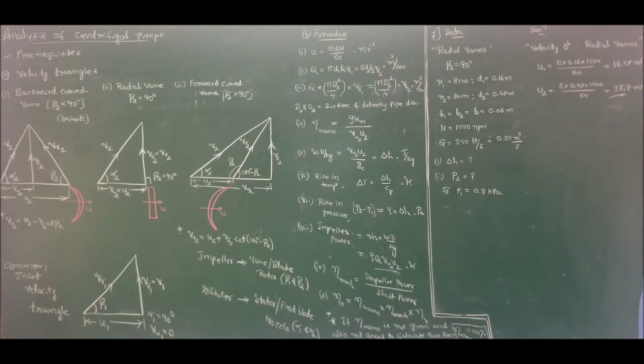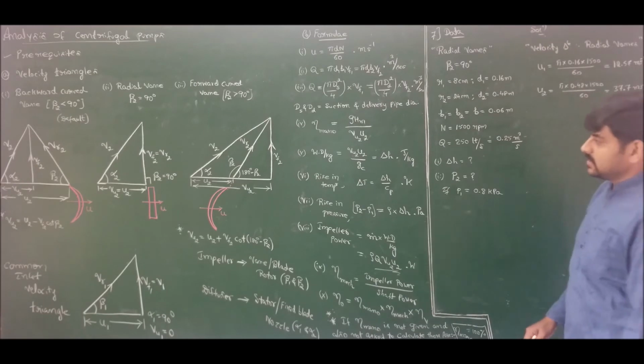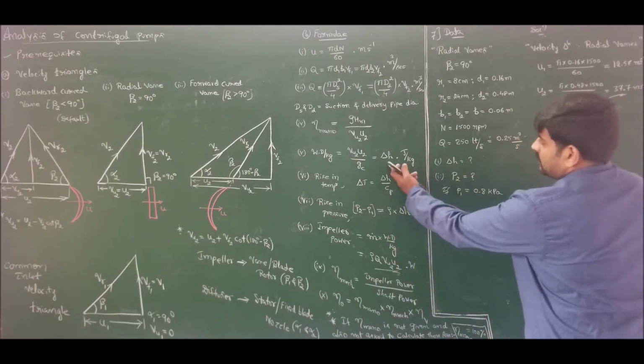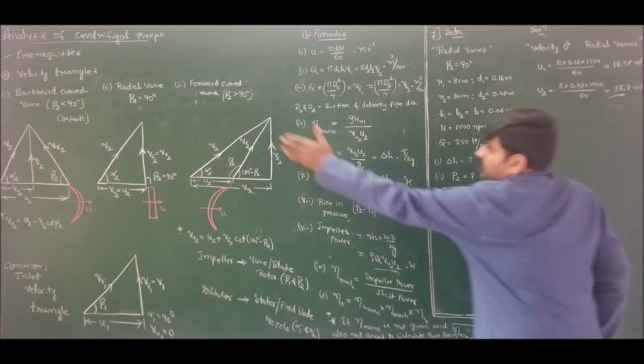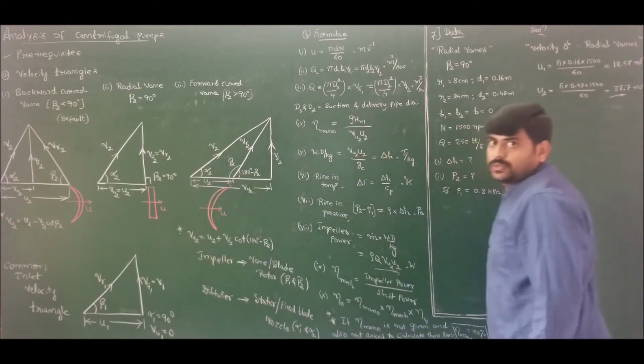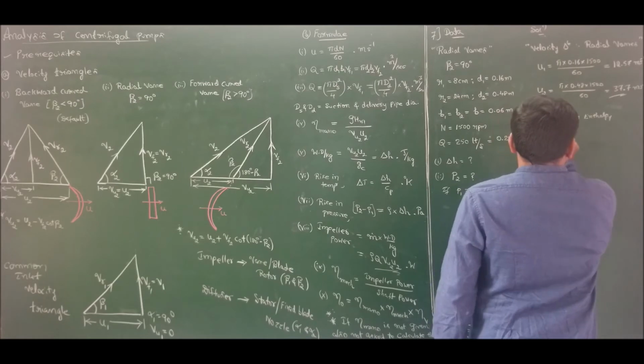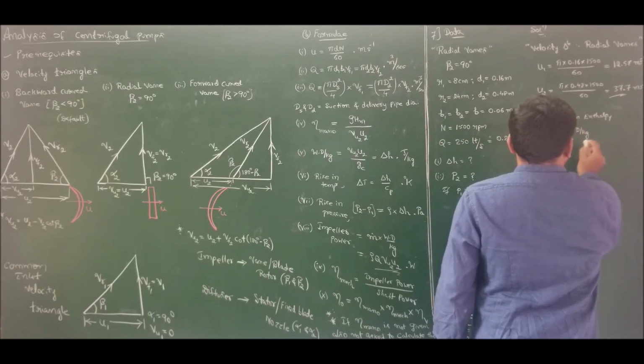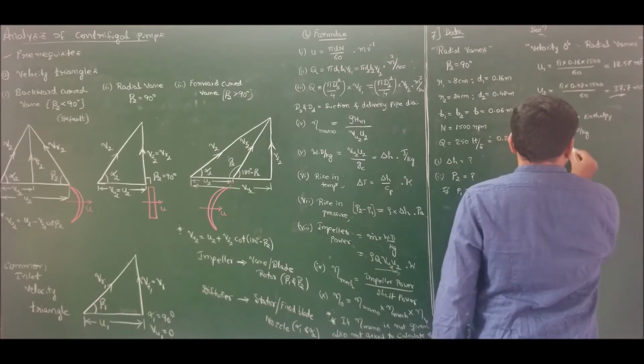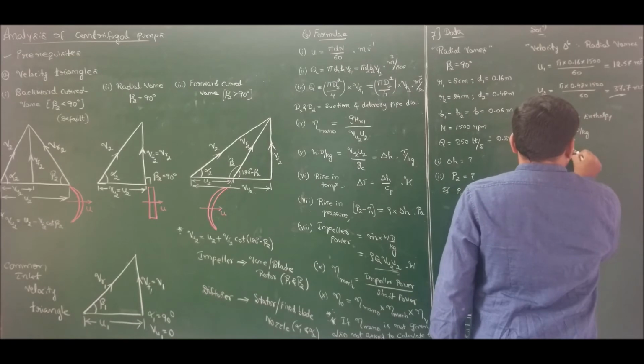That is enough to solve the problem, because change in enthalpy is VU2 U2 by gc, but for radial vanes VU2 is equal to U2. Hence the work absorbed per kg is delta H equal to VU2 U2 by gc.